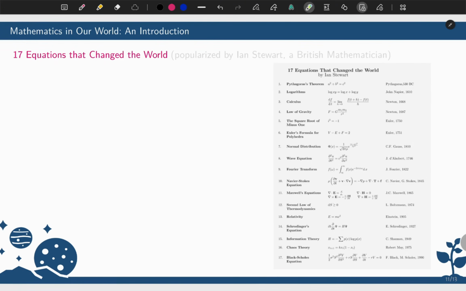Seventh, the normal distribution in statistics. This is followed by these equations in physics: the wave equation, the Fourier transform, the Navier-Stokes equation, until the Black-Scholes equation. These are just some of the many mathematical equations that have been used until today that have helped shape our society.